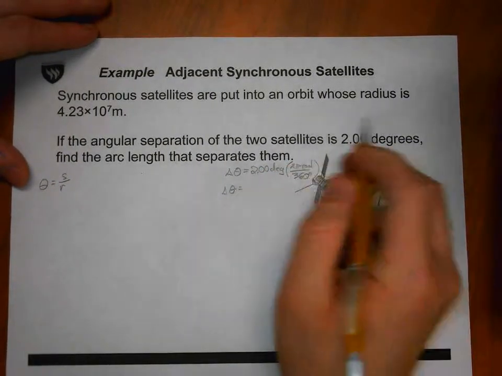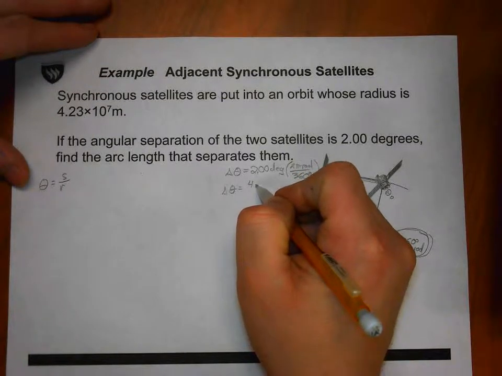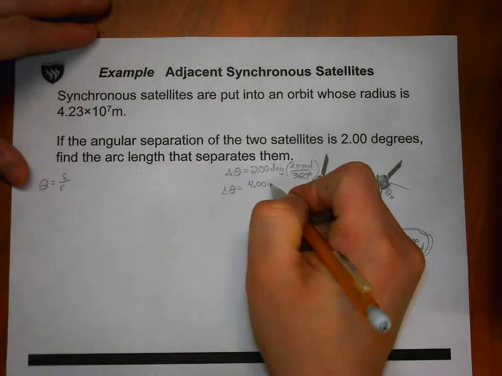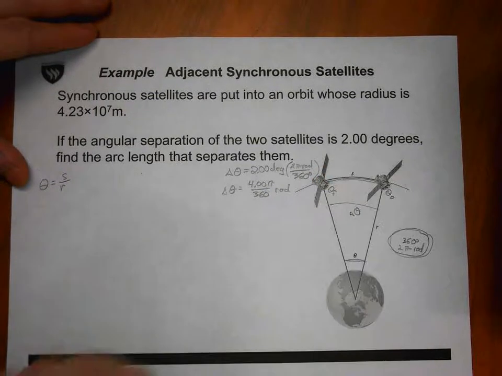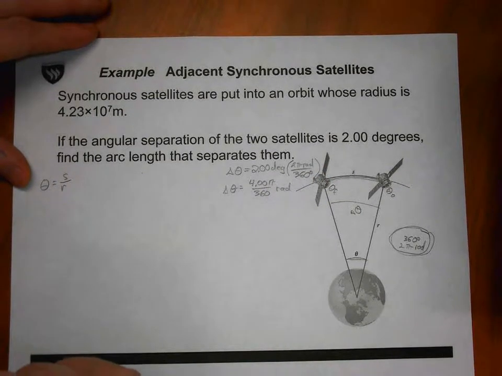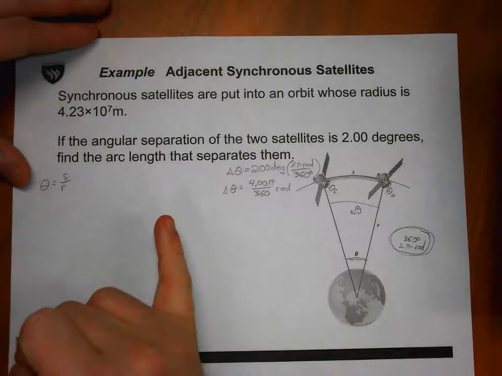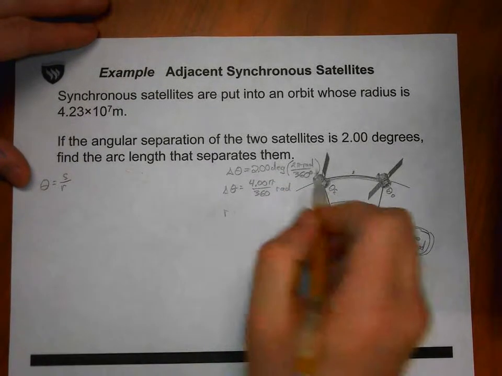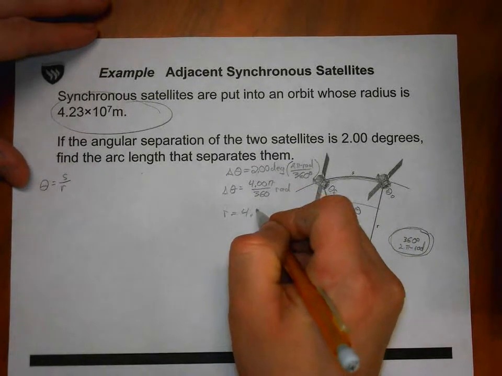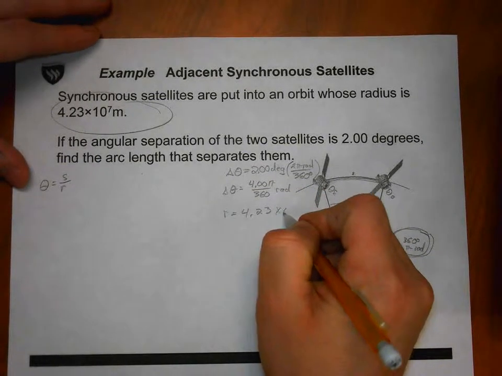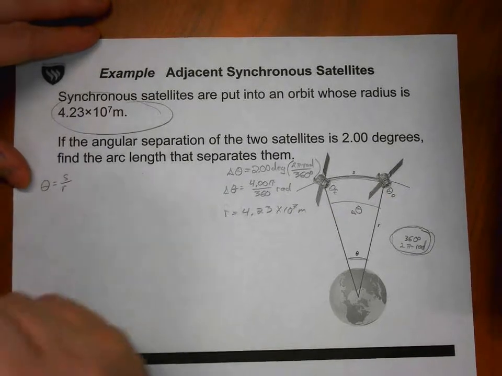So the angle is, I'll just call it 4.00 pi over 360 radians. Okay, and the radius is given to us here. So that equals 4.23 times 10 to the 7th meters.